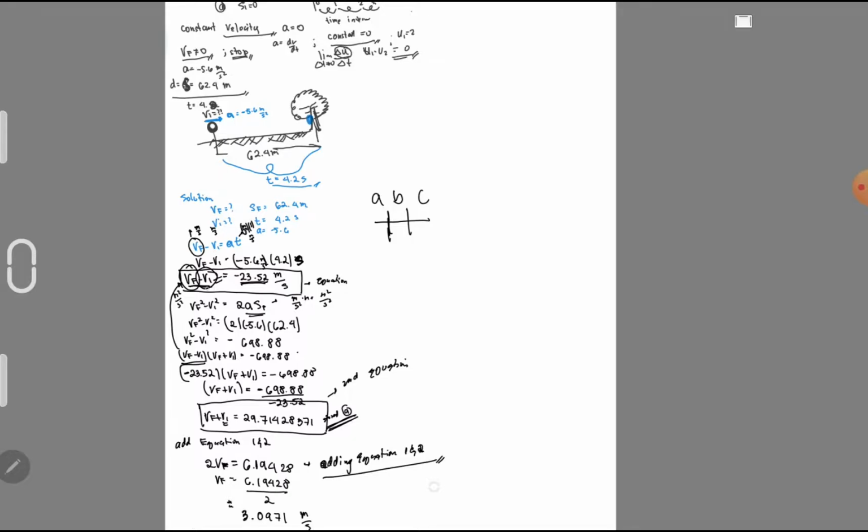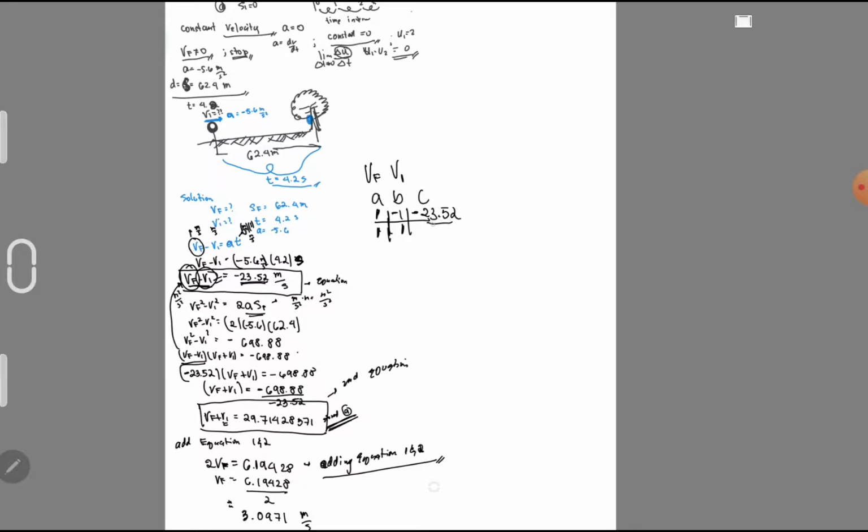So, yung VF natin is 1. And then yung VI natin is negative 1. Take note that I will consider my column A as my VF and my column B as my VI. So 1, negative 1, and then 1, and then 1 again. VF, VI, 1. And then yung value ng C natin, which is basically equal to negative 23.52.